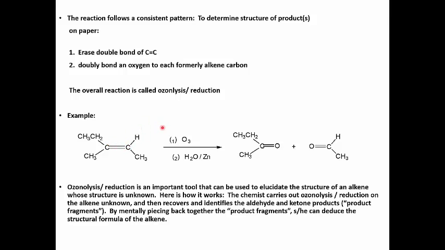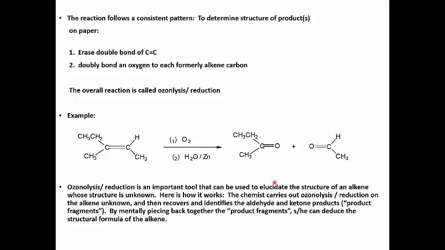You get your eraser out and you erase this CC double bond. This gives you two fragments. What we do, as we did before in the hot KMnO4 reaction, is doubly bond an oxygen to each carbon, and that's it. We stop. We don't add anything else. We don't make any other changes. And when we do that, this is what we'll get, and these indeed will be the structures of our two products.